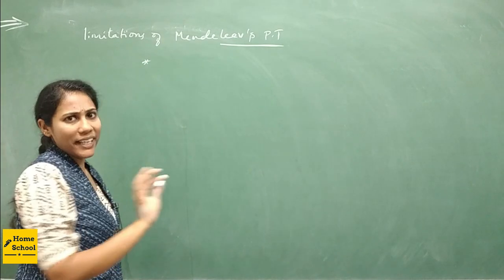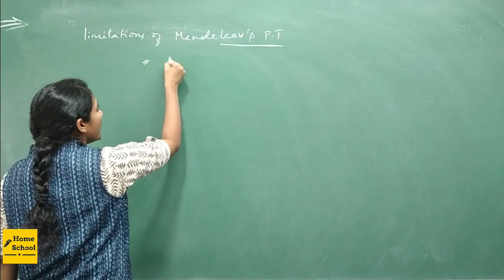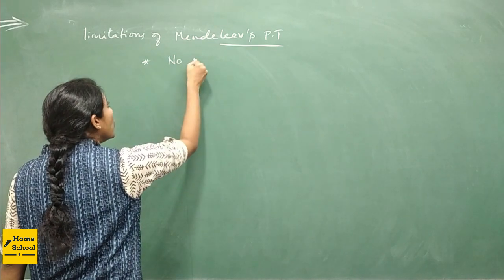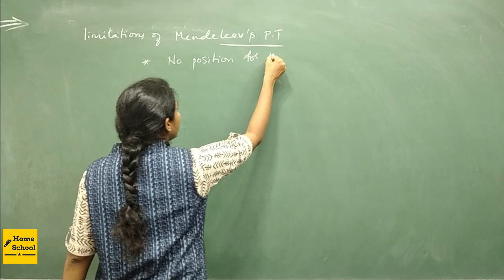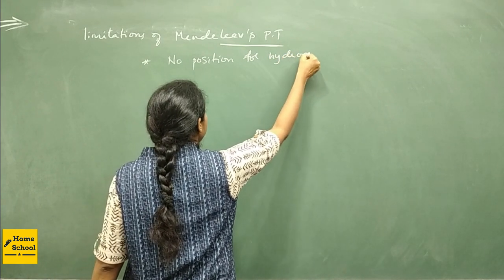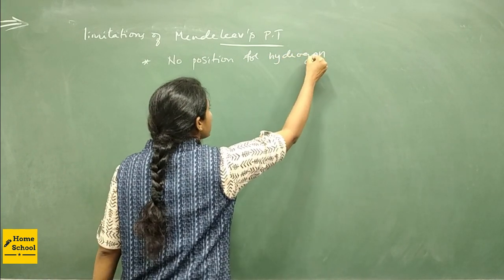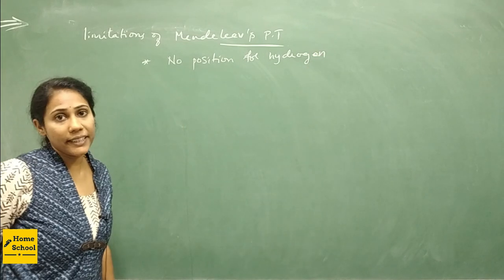Very simple way I will write and show you. First point, you can write: no position for hydrogen. He did not give a proper position for hydrogen in his periodic table.